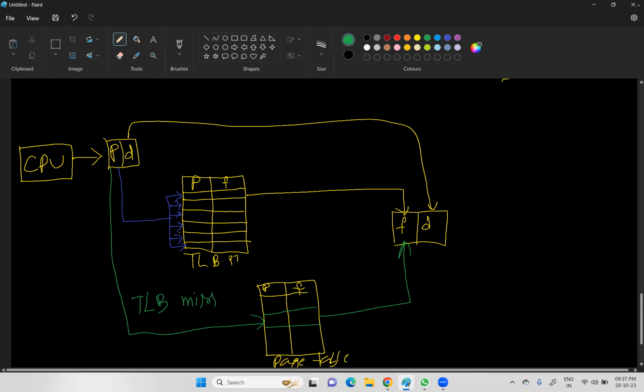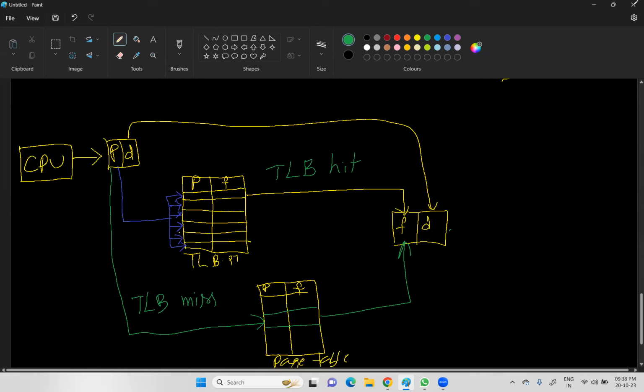If TLB miss occurs, then immediately the checking will be done in page table. If TLB succeeds, this is called a TLB hit. If TLB hit succeeds, you find the address of the page and frame in TLB page table. If TLB miss occurs, you can find your address at the general page table.